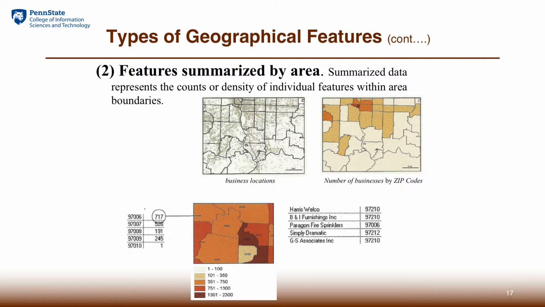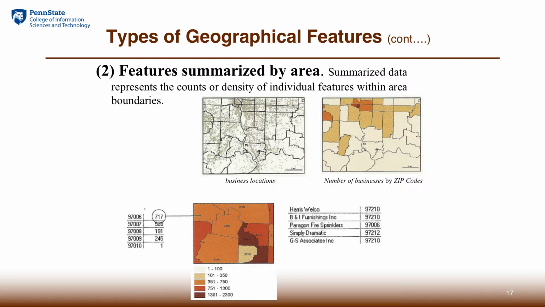Another kind of data that is commonly available is aggregated or summarized by areas. This data doesn't represent individual features, but a number summarized from the individual features. For example, the map on the left shows business locations, and each dot represents one business location, which are the individual features.